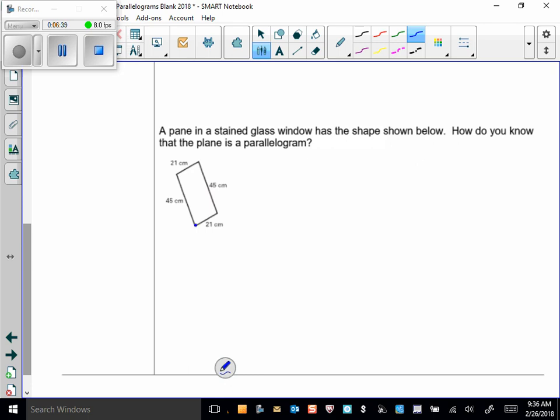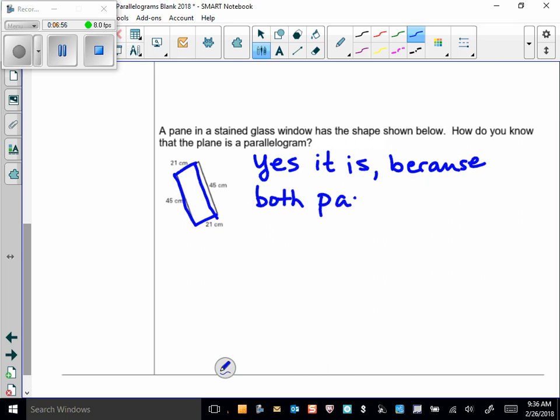Well, look, I got 21, 21, 45, 45. So of course, yes, it is. And the reason I know is because that theorem that says both pairs of opposite sides are congruent.